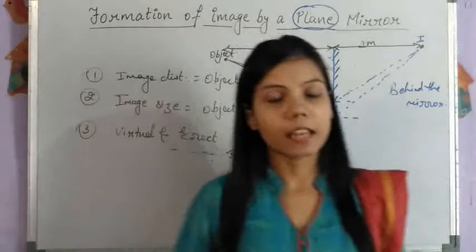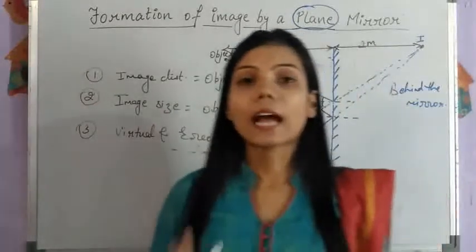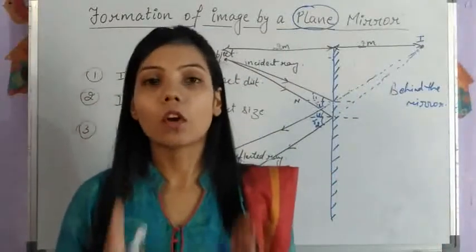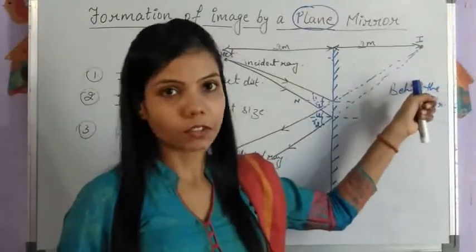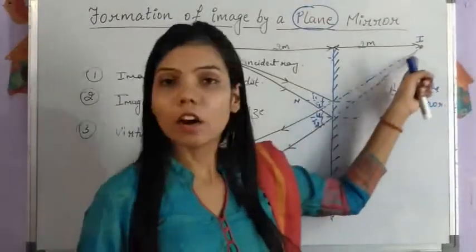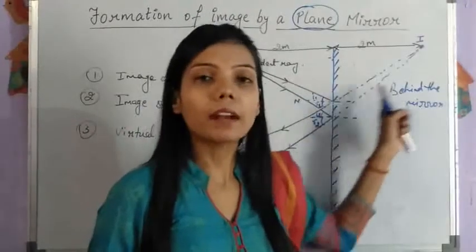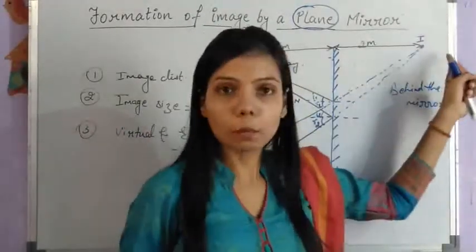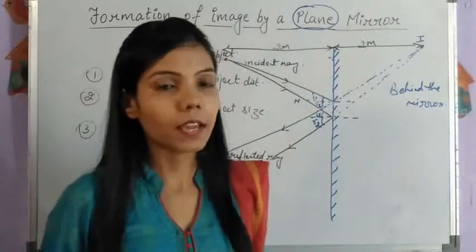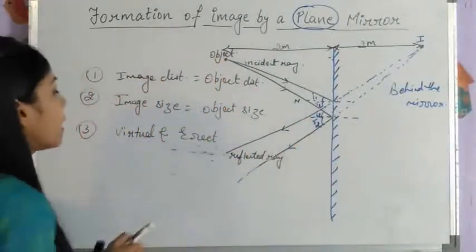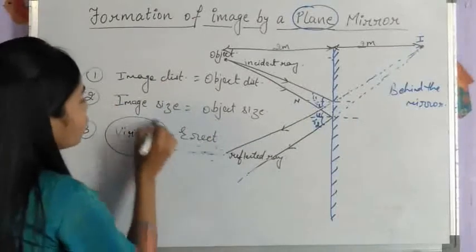A virtual image is the image where the actual intersection of light does not take place. You see here, this is not the actual intersection. These two reflected lights are not actually meeting. They are apparently meeting. They appear to meet, but they are not meeting each other in real. That is why we say that this is virtual in nature.